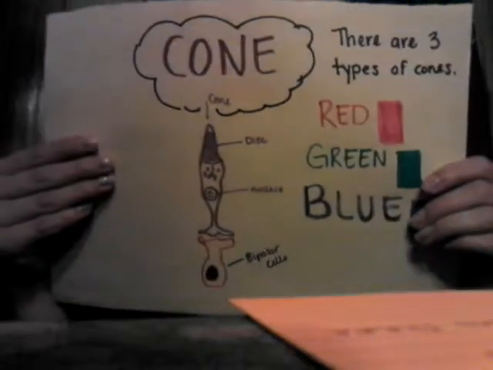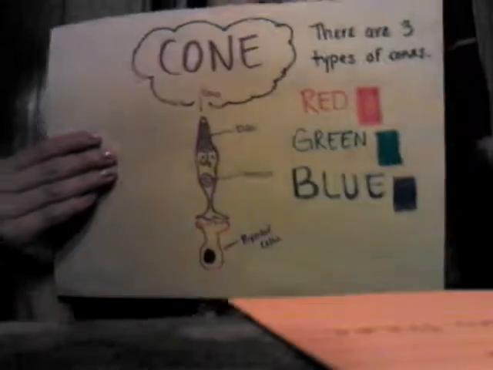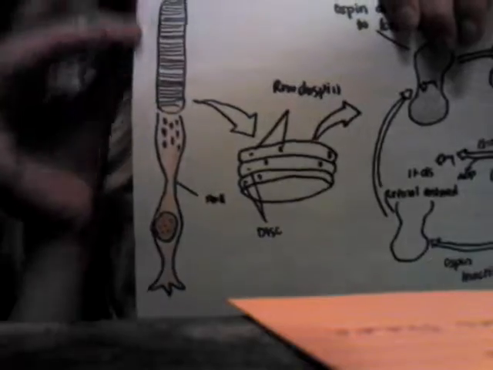The three types of colors it has are red, green, and blue. As you can see, it's very different from our rod cells, which is what our rod cells look like. The cones and the rods are very different.